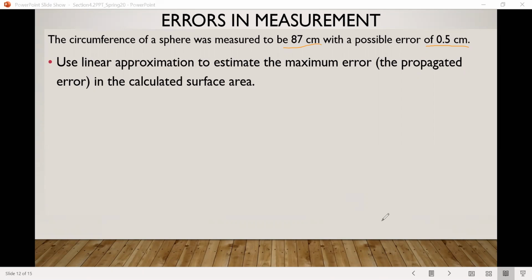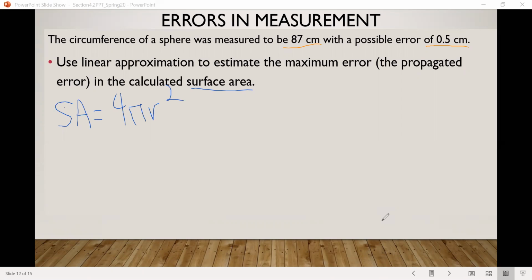Okay, so to start, since we're looking at calculated surface area, we need the formula for the surface area of a sphere. And you guys, of course, all know that off the top of your heads, right? That is, right, as you said, it is 4 pi r squared.